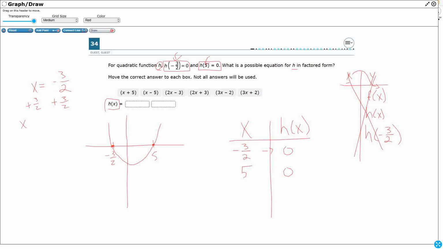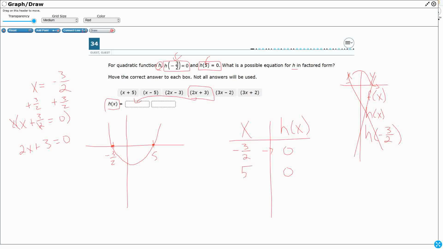Now I've got x plus 3/2 equals 0. Let's not have that as a fraction, so let's multiply everything by 2. So we're going to get 2x plus 3 equals 2 times 0, which is 0. That gets me one factor, this 2x plus 3.